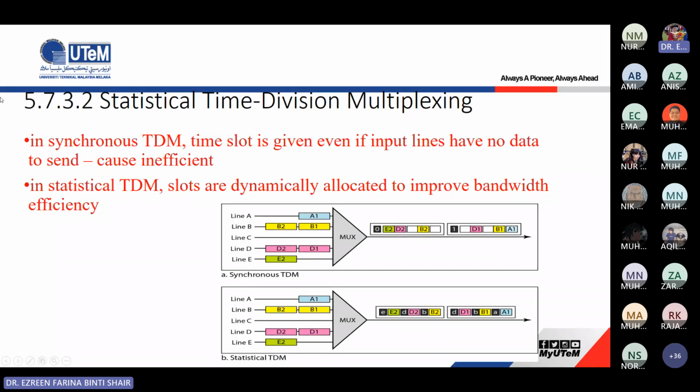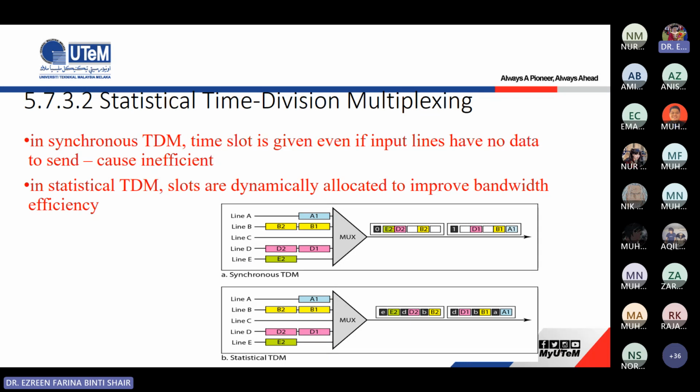For synchronous TDM, a time slot is given even though there is no data. Meaning that you have 5 channels. Channel A you have A1, channel B you have B1 and B2, channel C you have nothing, channel D you have D1 and D2, and channel E you have E2.